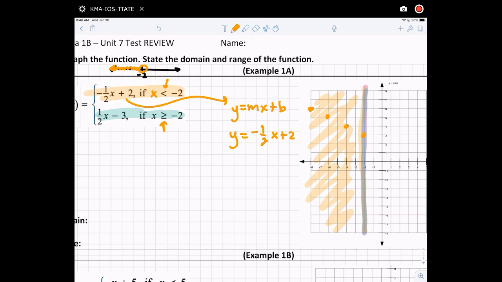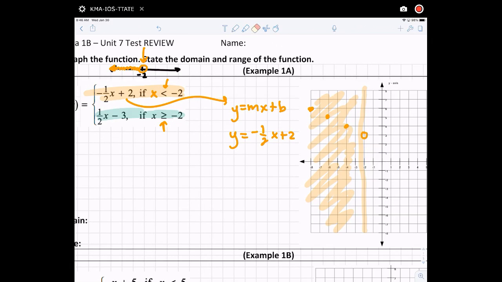Well, as far as right here, I did put it on -2, but how did I signify that it goes all the way up to -2, but it doesn't actually hit into it? It's going to be an open circle. So this particular dot right here, if anything, I might just put an open circle there, because it's going to go all the way up to that point.